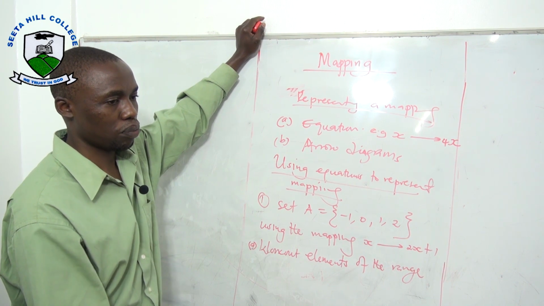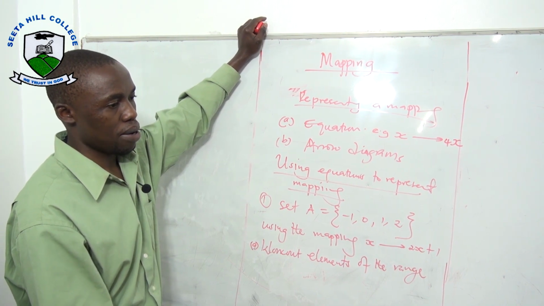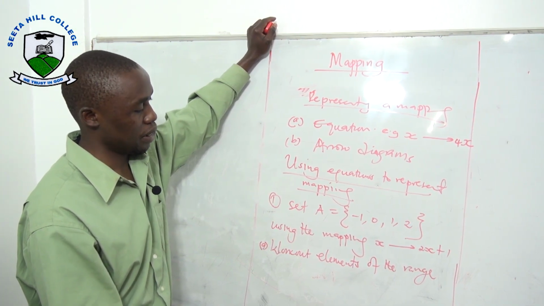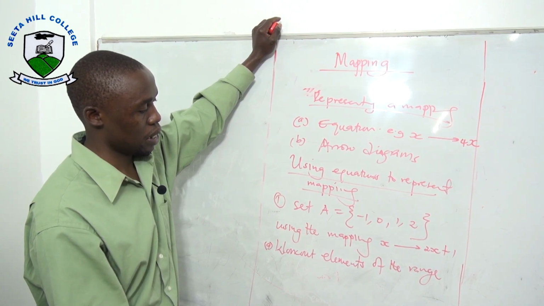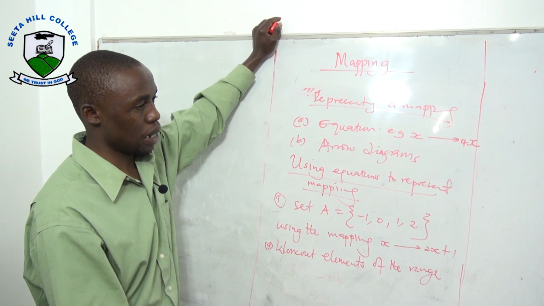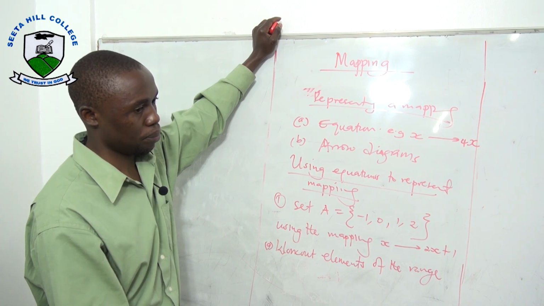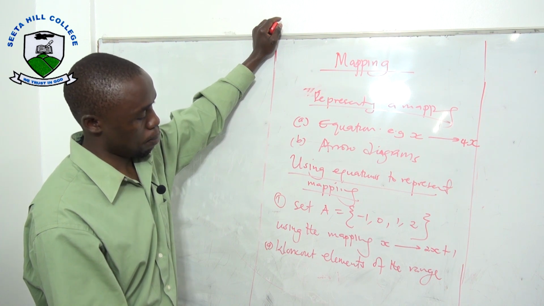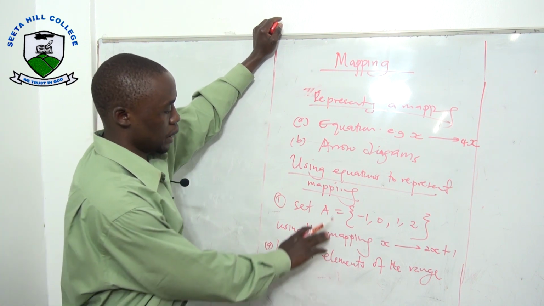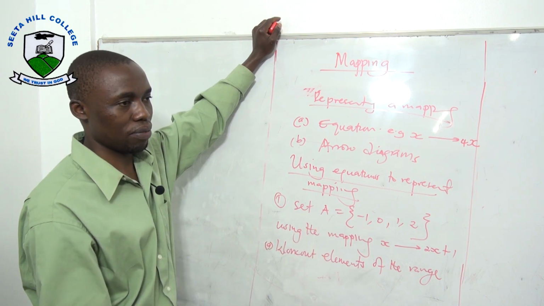Now, if you had such a mapping, x goes to 2x plus 1. Our set here stands for x values.